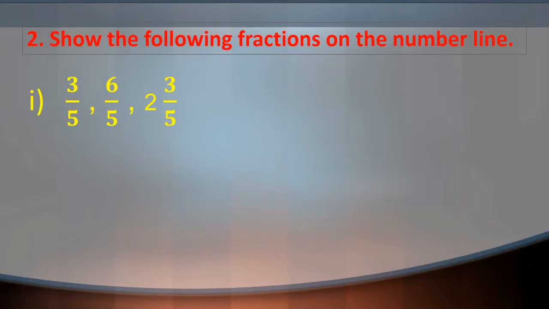Question number 2. Show the following fractions on the number line. First is 3 by 5, then 6 by 5, then 2 and 3 by 5. So here you can see the denominator of the given fractions are equal.